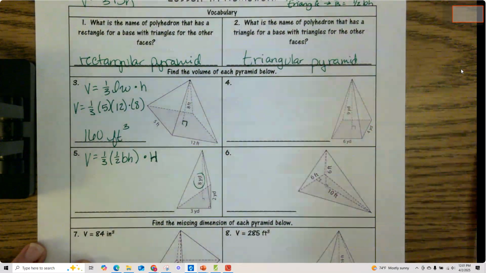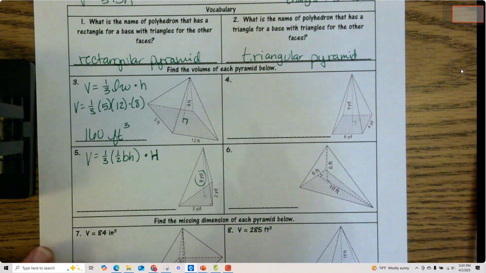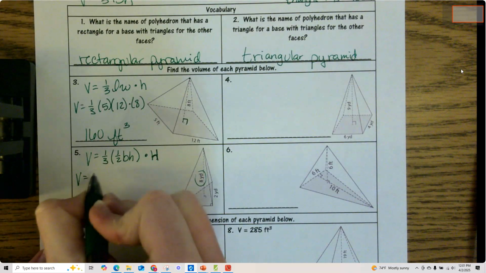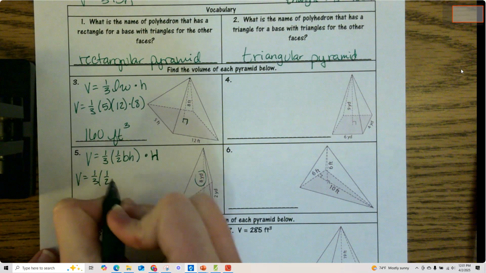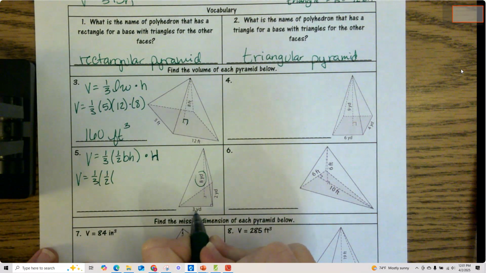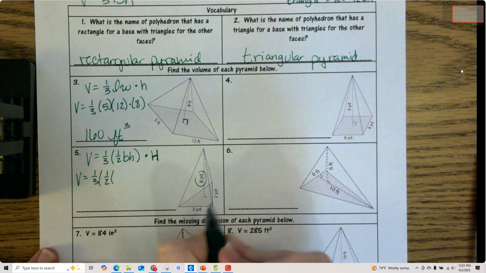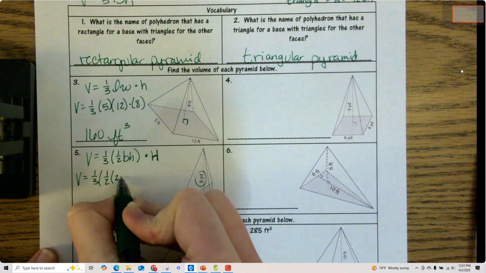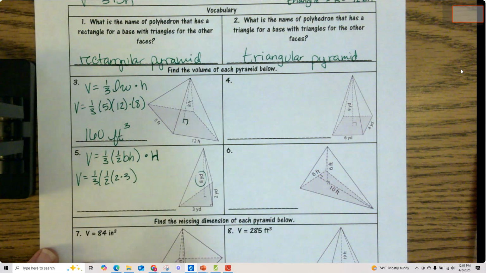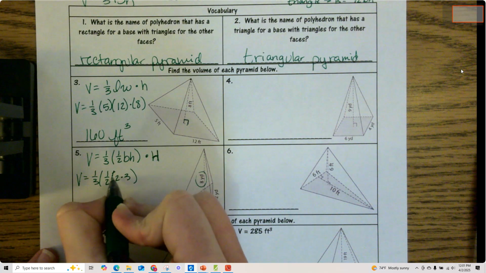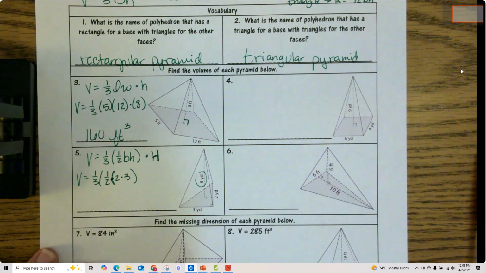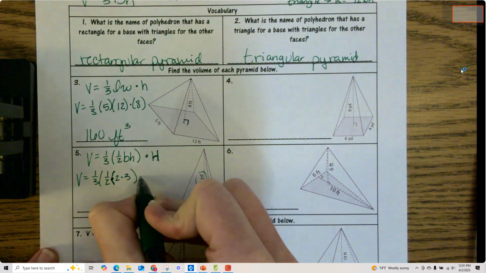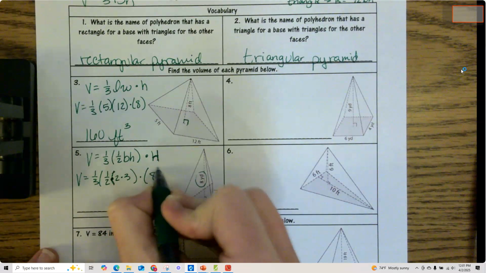That just kind of separates it out from the other values that you have. So triangle. 2 and 3 are my base and my height. I'm just going to use multiplication so I don't have to do so many parentheses in there. So 1/2 times 2 times 3 times the height of the total pyramid.